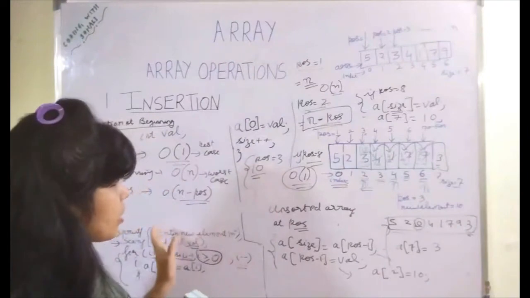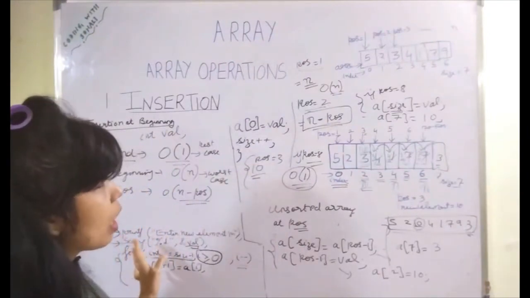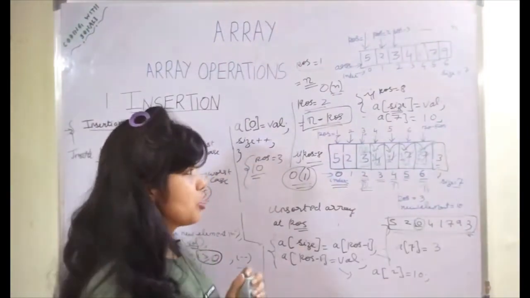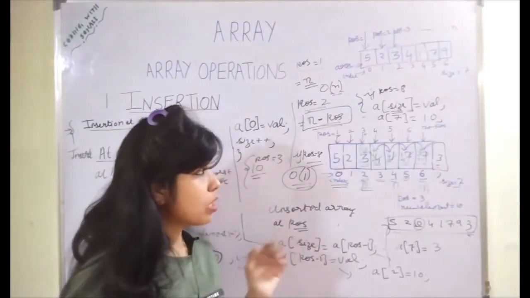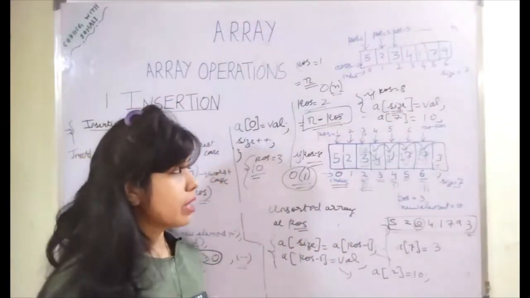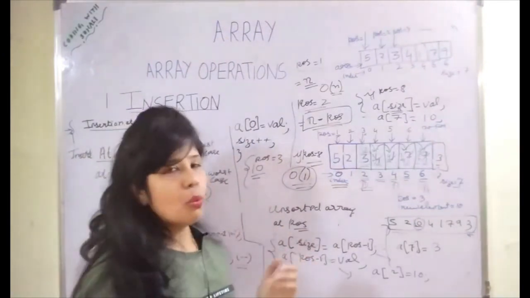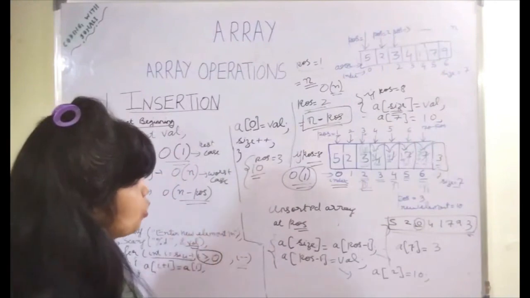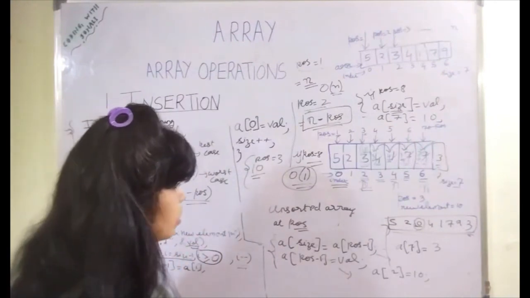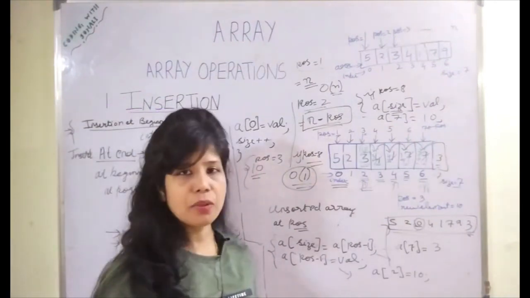This is what we have seen till now, how to perform the insertion operation at different positions for sorted and unsorted arrays, what time complexity is required, what the best case is, and what the worst case is. I hope you understood these logics and what changes are required.